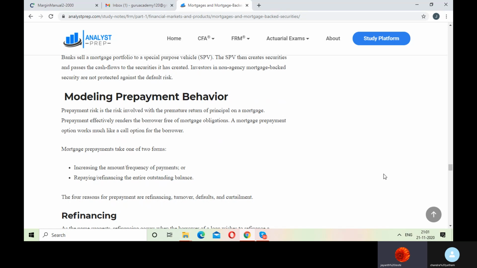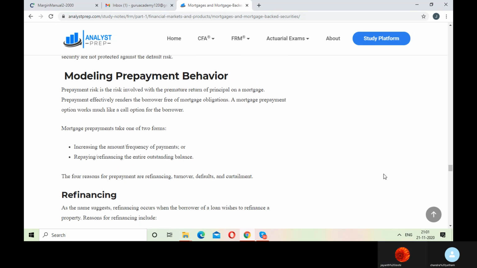In the same way, in a mortgage prepayment, you make the payment earlier and get the benefit. How will you get the benefit? If you make the prepayments earlier, with premature payments, you save yourself from the additional interest payments and get rid of that liability.